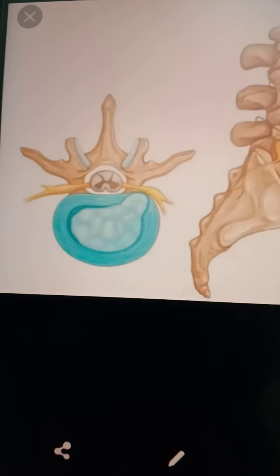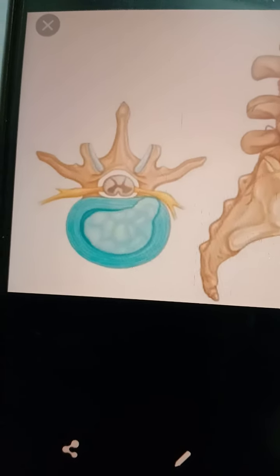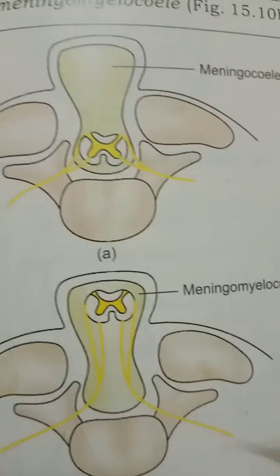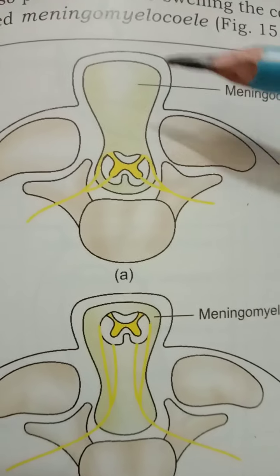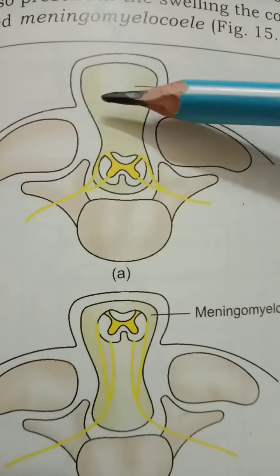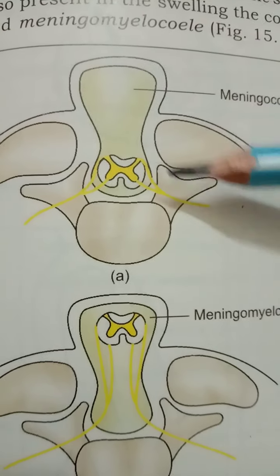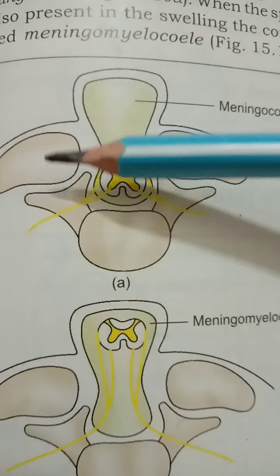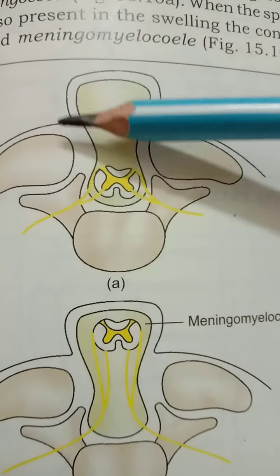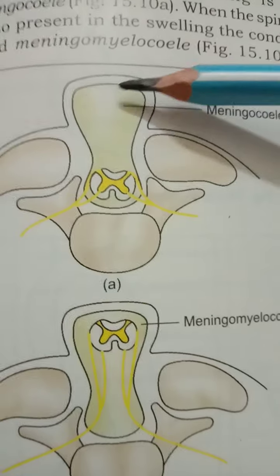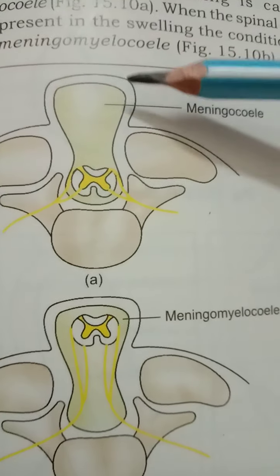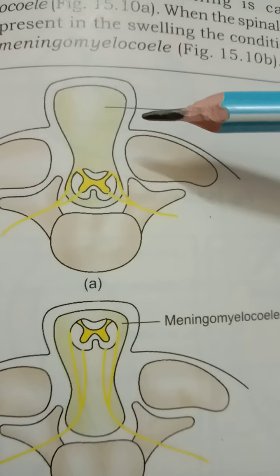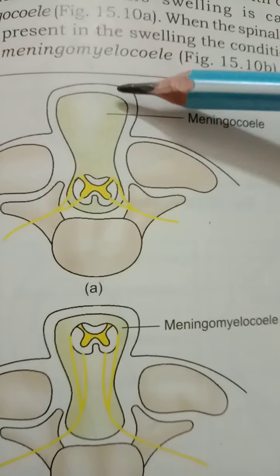For this we should see another diagram. The protrusion of the meninges alone results in the formation of a cystic swelling. This is the spina bifida condition, and that is the cystic swelling on the back, and it is filled with cerebrospinal fluid.